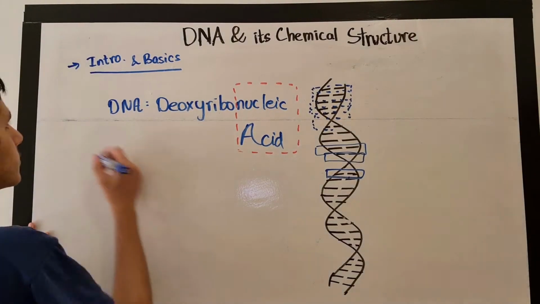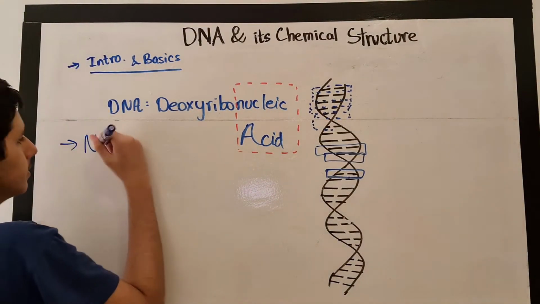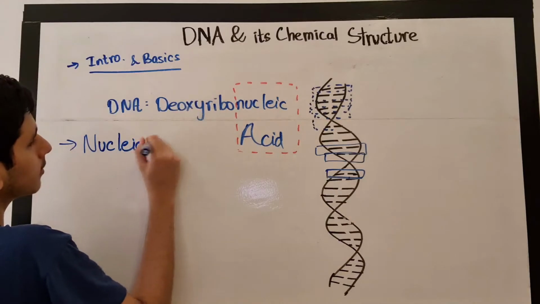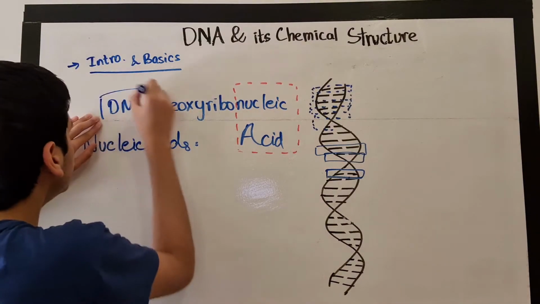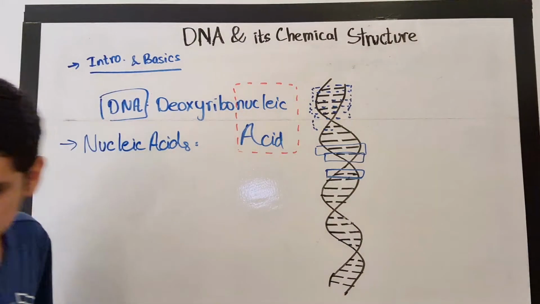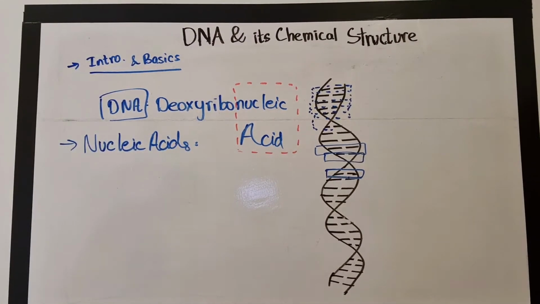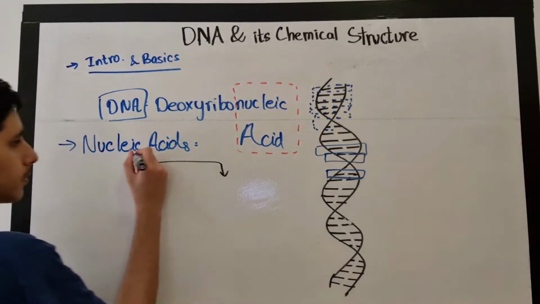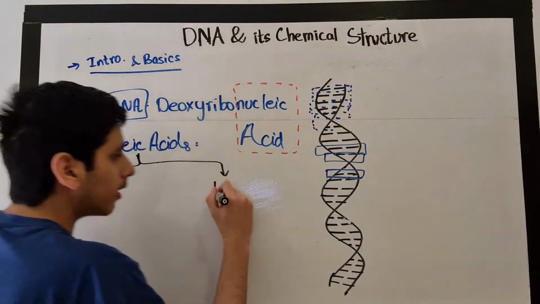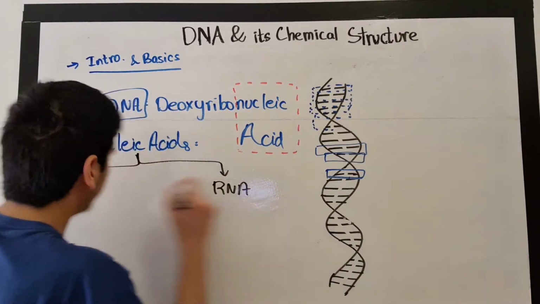So we have nucleic acids, you have DNA, which is one nucleic acid, and there's another nucleic acid, and that's called RNA. And you have DNA here.